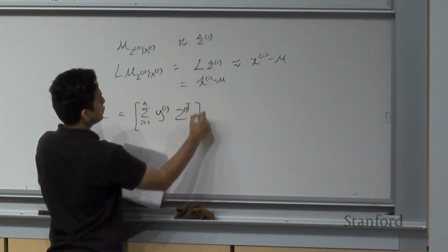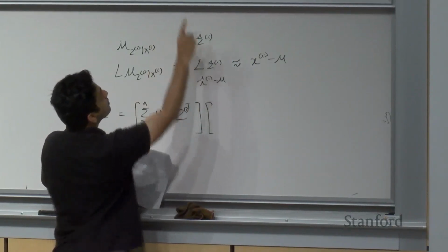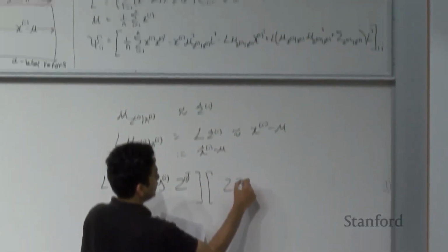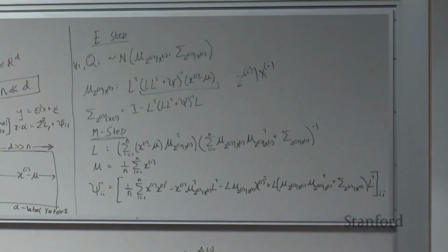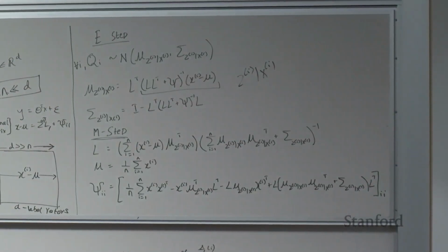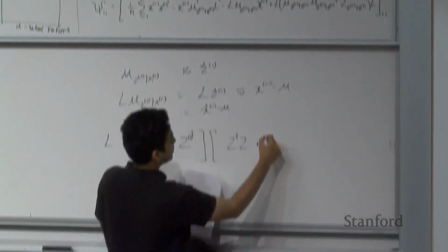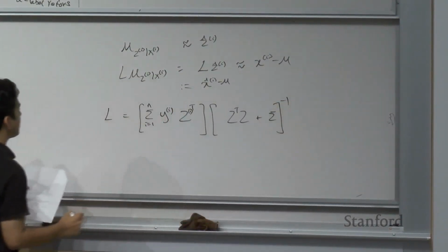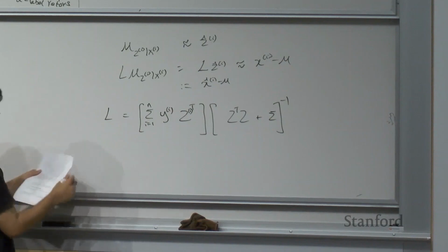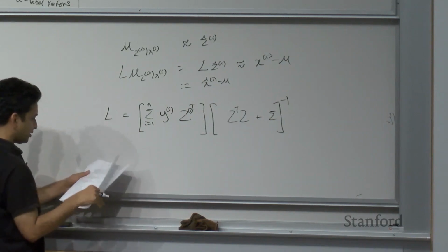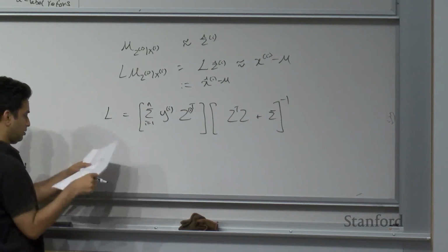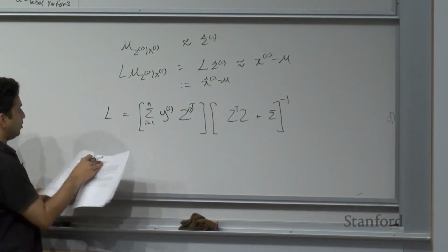And here again, you can think of it as Z transpose Z plus some covariance inverse. If we take the transpose, we don't need the transpose.